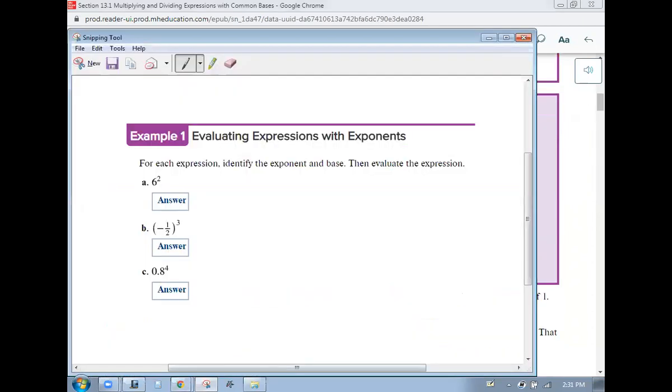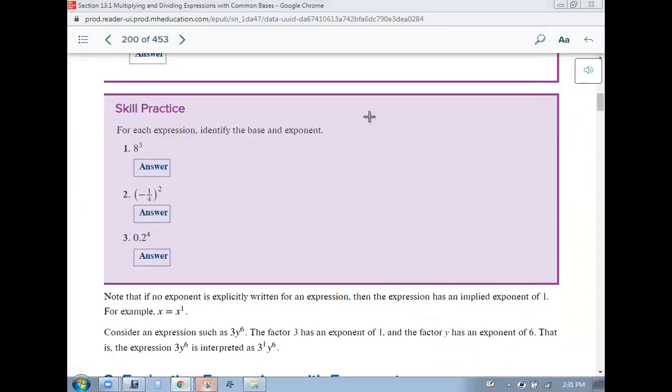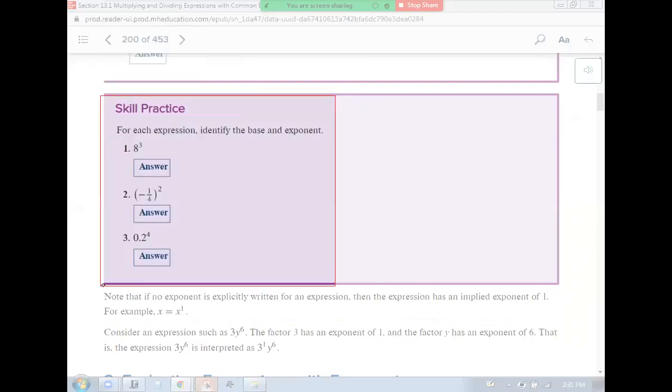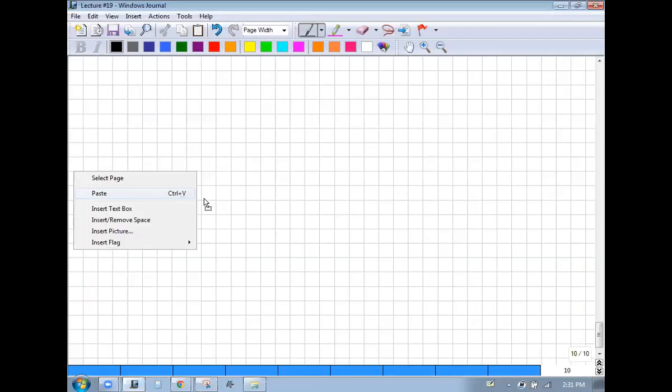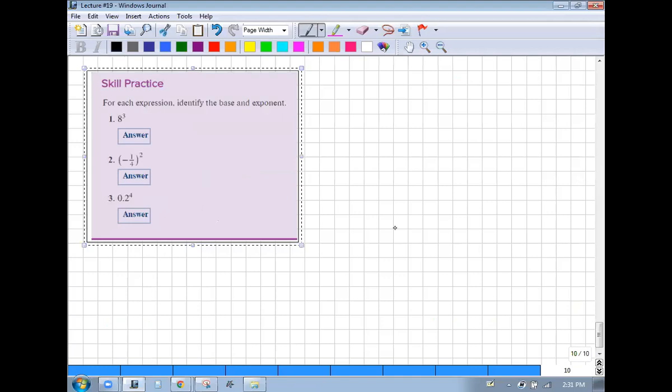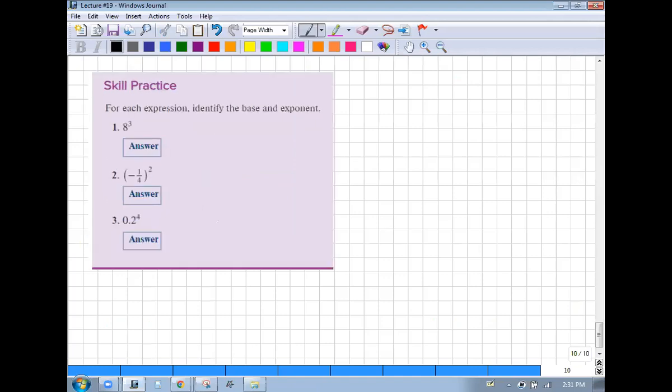Let's look at another example here. 8 cubed. This is 8 times 8 times 8. If we plug that into our calculator, 8 times 8 times 8, this is 512.